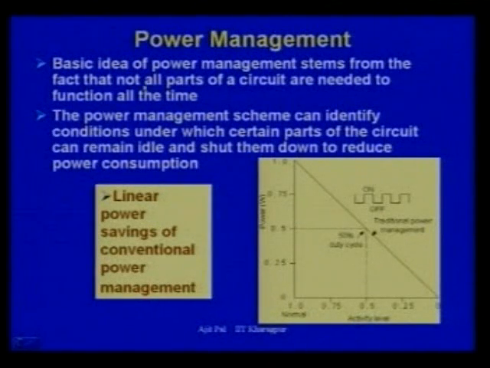Okay. Coming to another technique which is known as power management. In power management, what you can do, you can shut down some parts of the circuit whenever they are not needed. As I was telling, whenever there is no user, that screen can be turned off. You can reduce other power hungry components, say if you are not doing multimedia processing, you can shut down the multimedia processor.